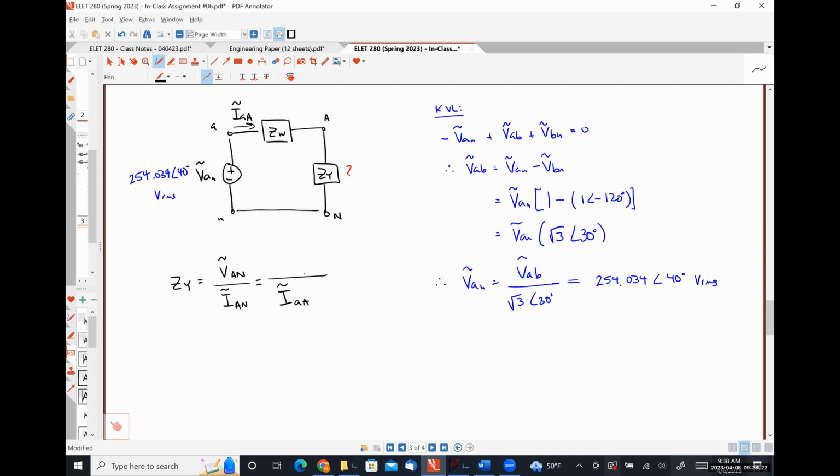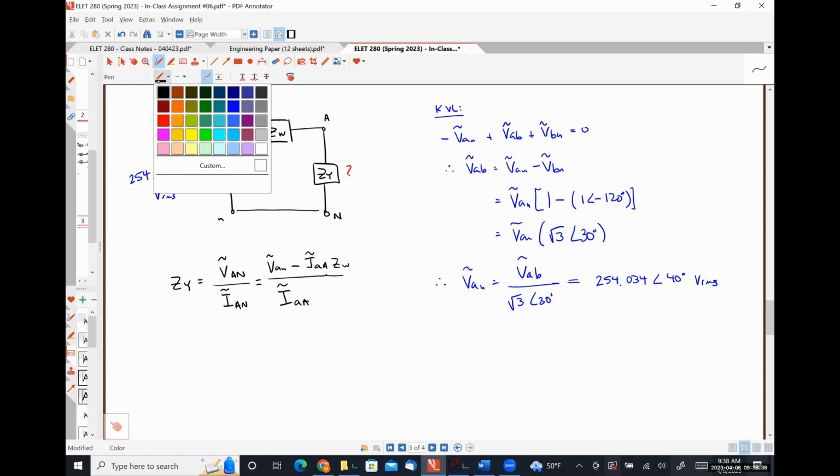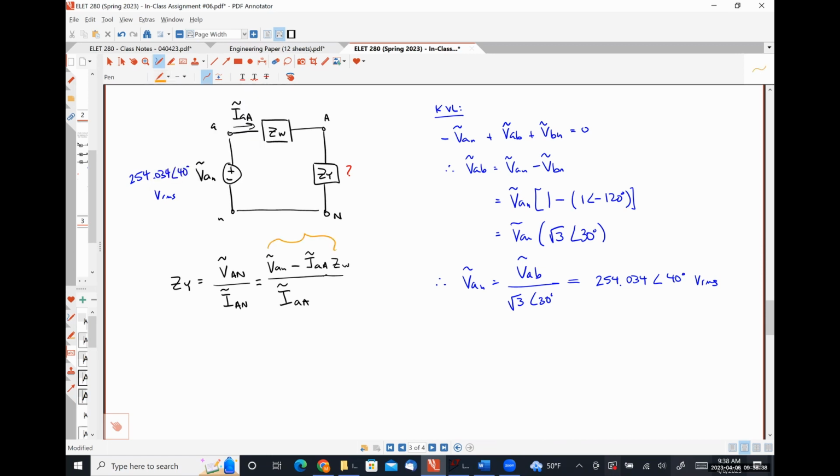So VAN minus IAA times ZW, because all this quantity right here is VAN using Kirchhoff's voltage law around that single loop. Knocked it out of the park.